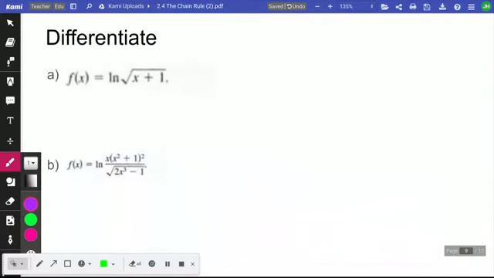All right, we are going to differentiate these functions here. I do think this one is probably useful to rewrite it as this. You don't have to do that. It just might remind you. So this will be dy over dx. This will be chain rule. So the natural log is the first outside function that we have.